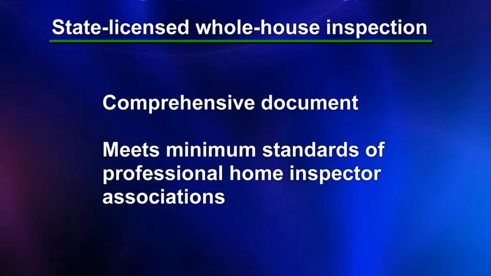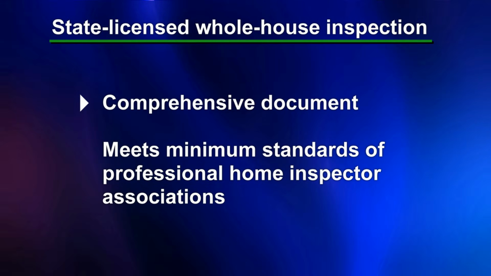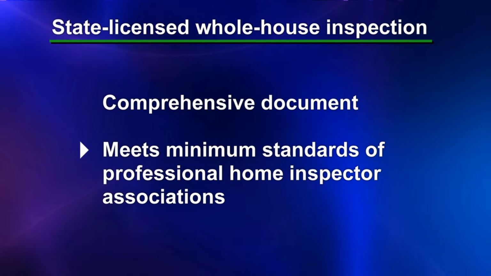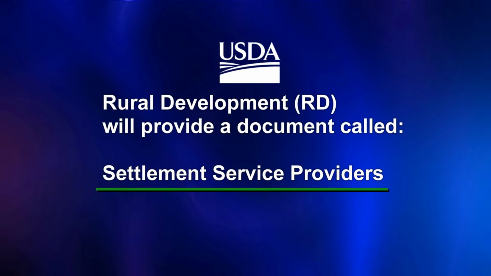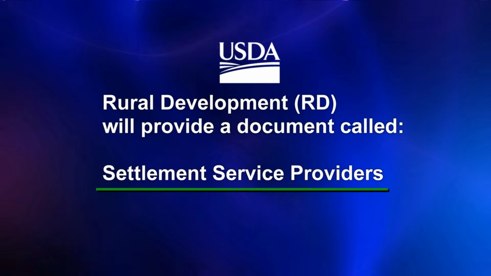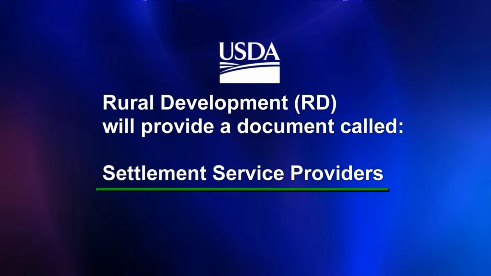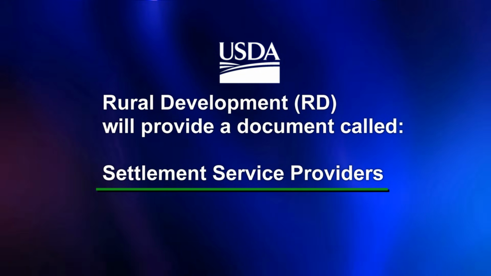The inspection report must be a comprehensive document that meets the minimum standards of the Professional Home Inspector Associations. When a state does not license inspectors, a qualified independent third-party inspector may perform the inspection and provide the necessary certifications. The agency will provide you with a document called Settlement Service Providers, which can assist you in finding an inspector.